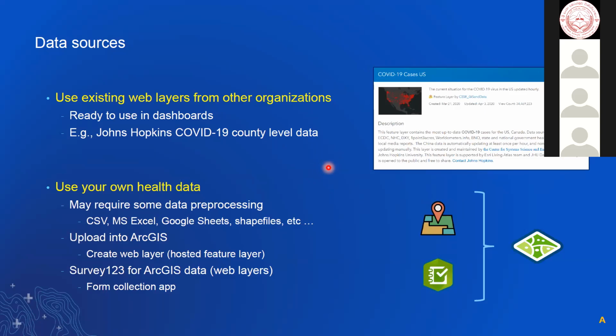So what data can we use? In a simple way, we can upload a CSV file, Excel file, maybe a Google Sheet, and publish it in the web environment, web portal. And we can have a layer for the dashboard. That's one option.